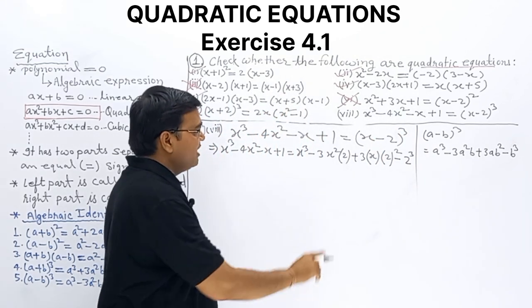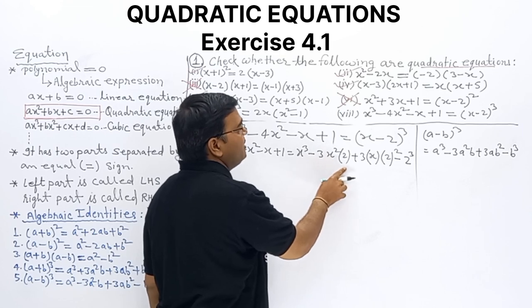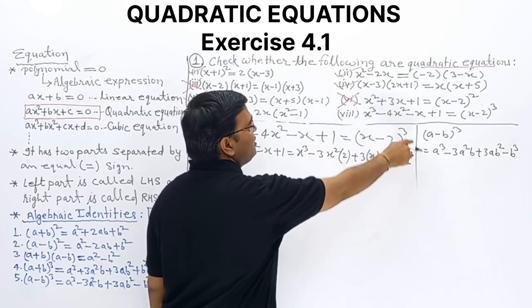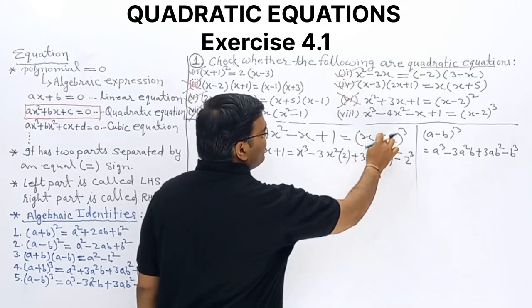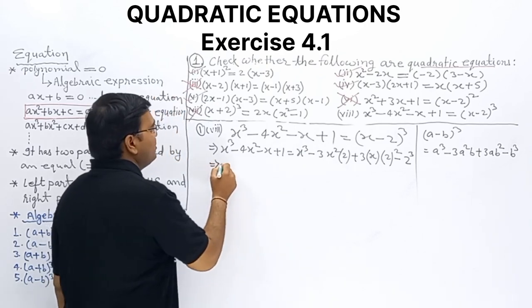Observe carefully: (x minus 2) whole cube. In place of a we are having x, in place of b we are having 2. Clear?